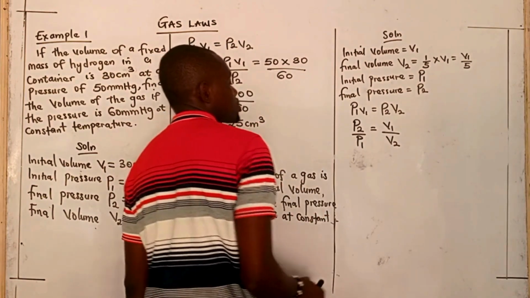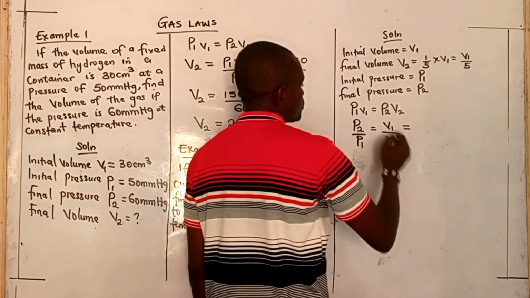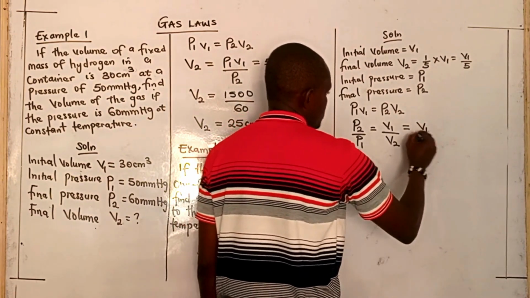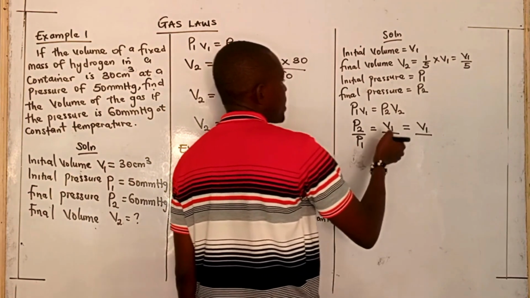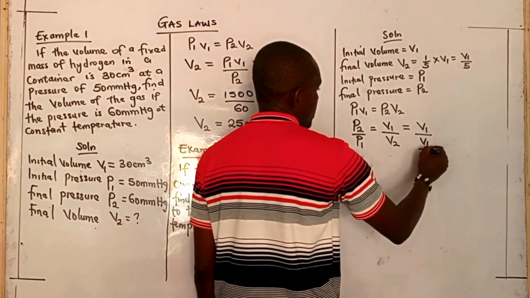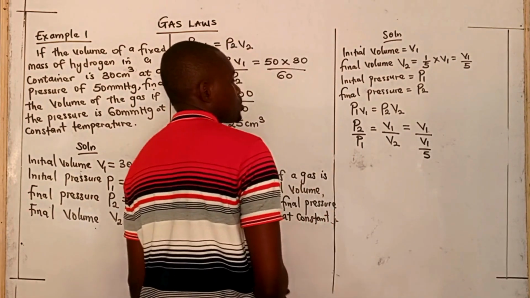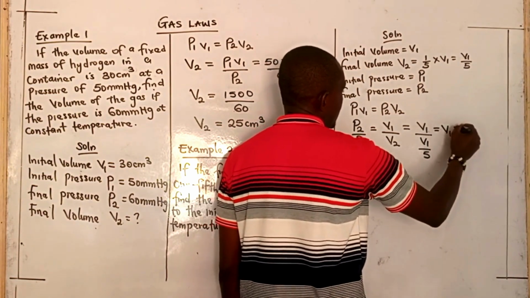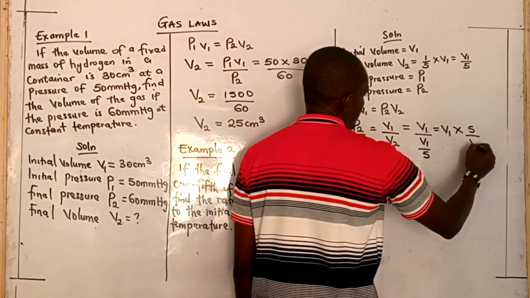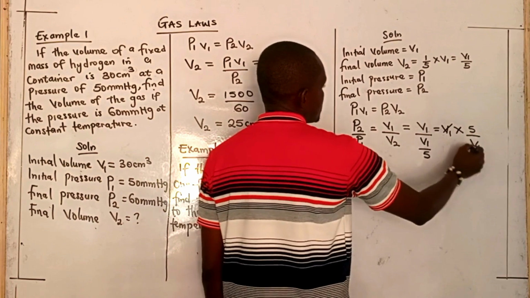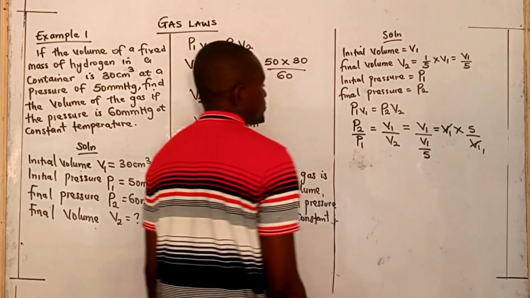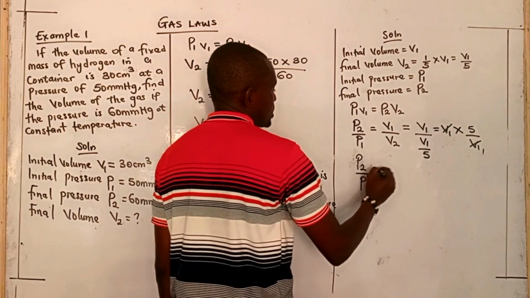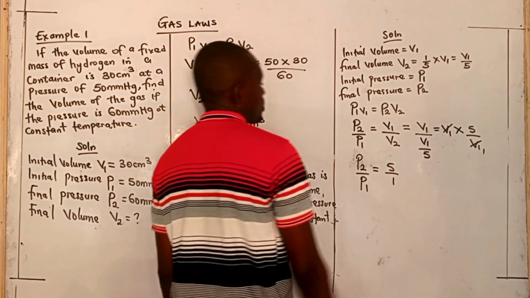So by the time we substitute the values into the formula, we have V1 divided by V2, and V2 is V1/5. Mathematically this is the same thing as saying V1 times 5 all over V1. So V1 and V1 cancel, and we have 1 here. So at the end we have P2 over P1 equals 5 all over 1.